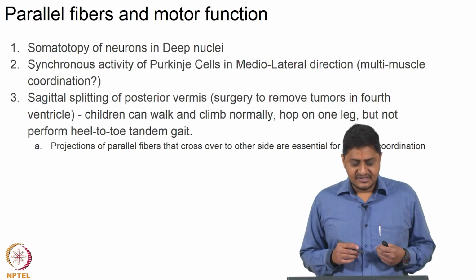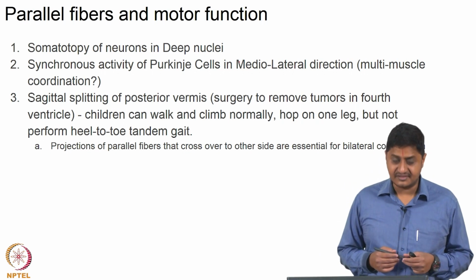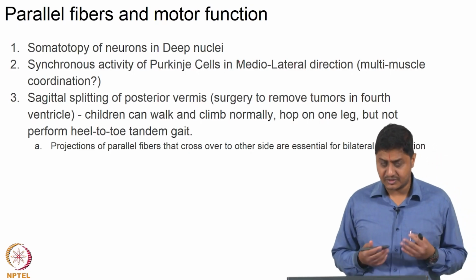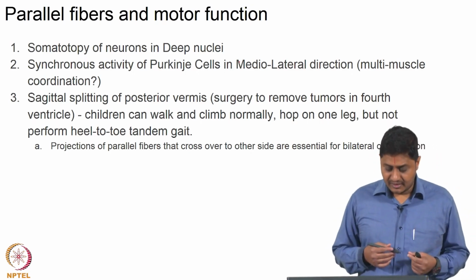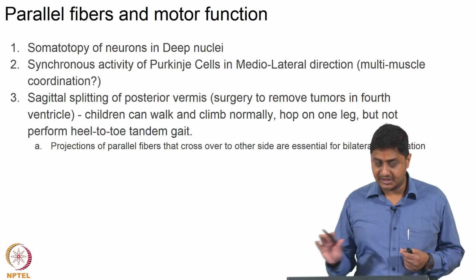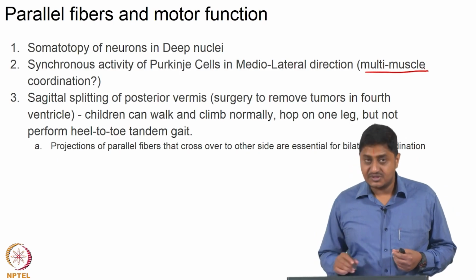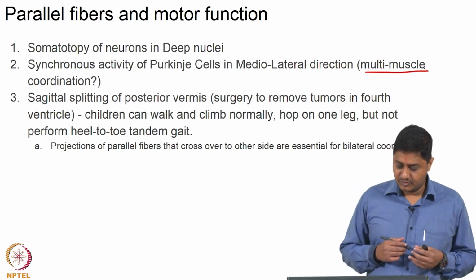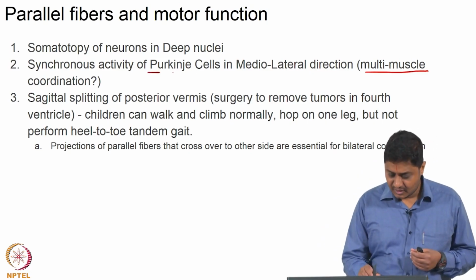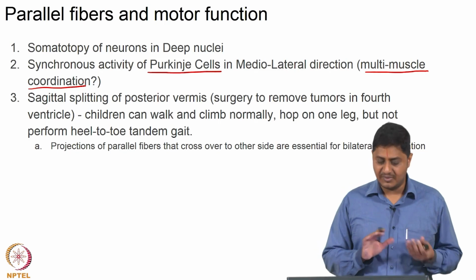In one of the previous classes we discussed the possible role of parallel fibers in motor function. We said that there is somatotopy in the deep nuclei, basically dentate nucleus, fastigial and interposed nuclei have somatotopy, and there is synchronous activity of Purkinje cells in the mediolateral direction, that is along the length of the parallel fibers, which caused one to posit that it is possible that this synchronous activity of multiple Purkinje cells could mean that there is muscle coordination across the medial and lateral direction.